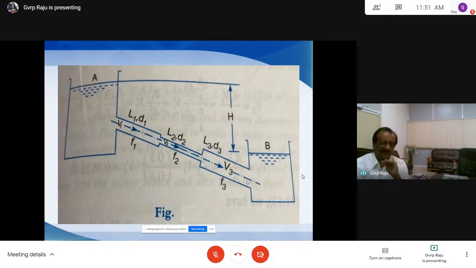If you neglect minor losses, the major loss is friction loss. So H, the water level difference between the two reservoirs, is equal to the head loss due to friction for pipe 1, for pipe 2 and for pipe 3. Sometimes we may be asked to neglect minor losses, consider only friction losses for pipes 1, 2 and 3 and equate to H here.